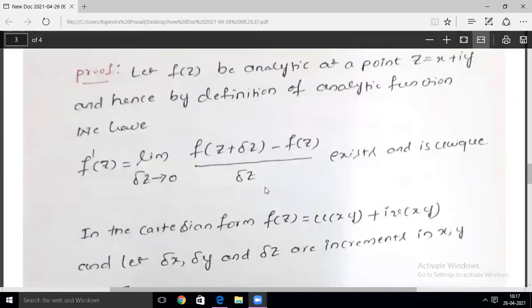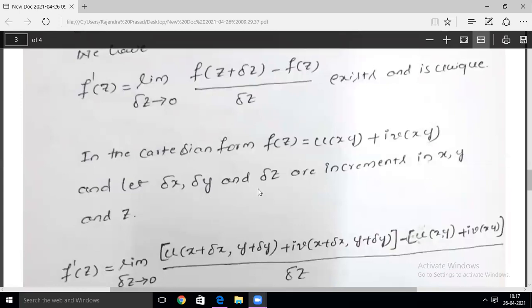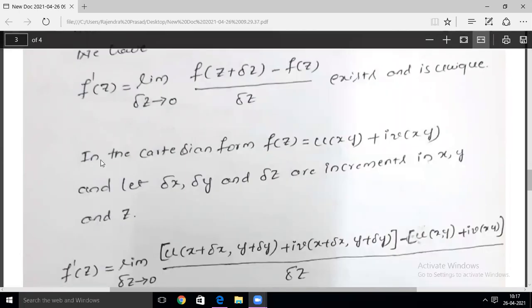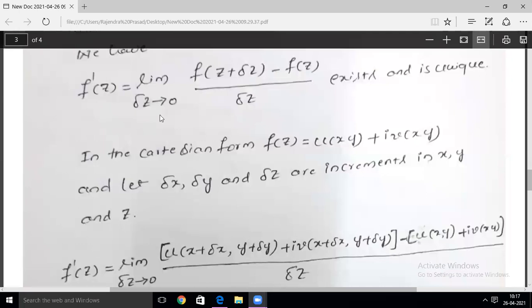Next we take f of z is equal to u of x comma y plus i into v of x comma y. And also delta x, delta y and delta z are increments in x, y and z, right. So next job, f dash of z, right? F dash of z is equal to limit delta z tends to 0, right?